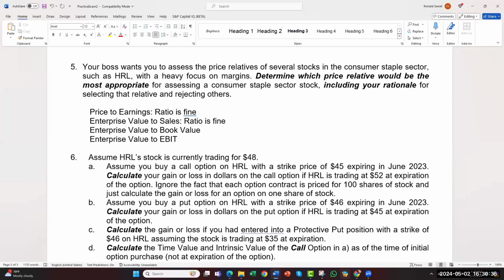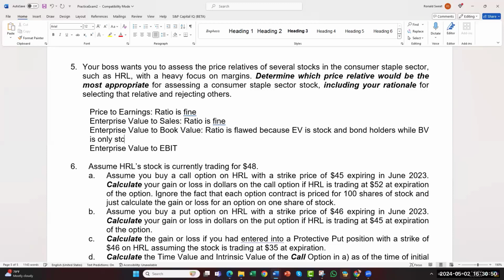Here, we're going to say ratio is flawed because EV is stock and bond holders, while book value is only stockholders. So the EV to book value doesn't make sense. You would never use that. So you don't have to say if it's appropriate for Hormel because it's a bad ratio. That's all you have to say there.